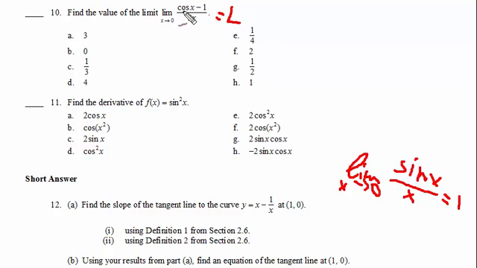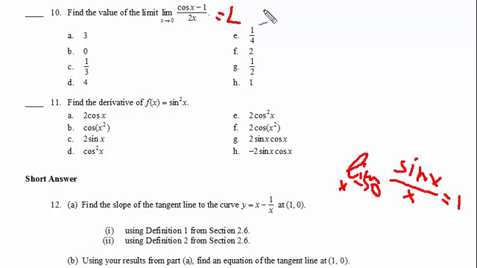So now, we want to make this here into sine square of x, okay? In order to accomplish that, we have to multiply the numerator and the denominator by the conjugate of cosine x minus 1, which is cosine x plus 1.